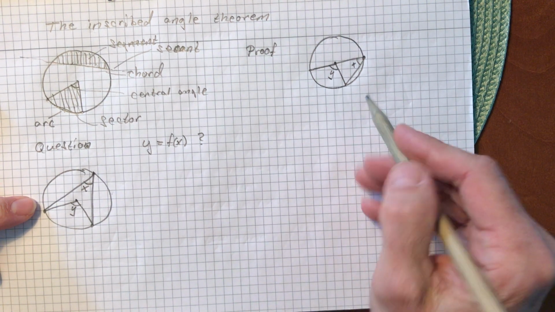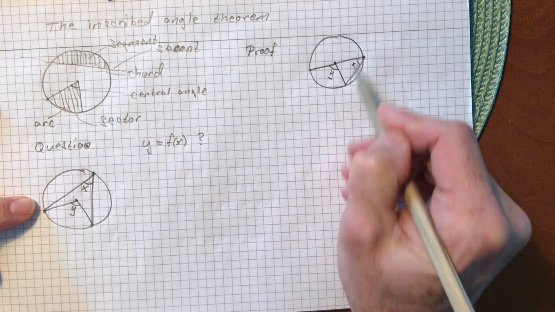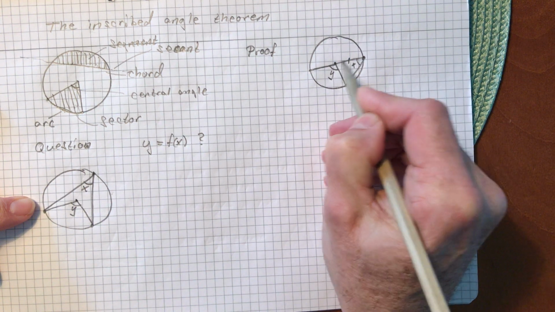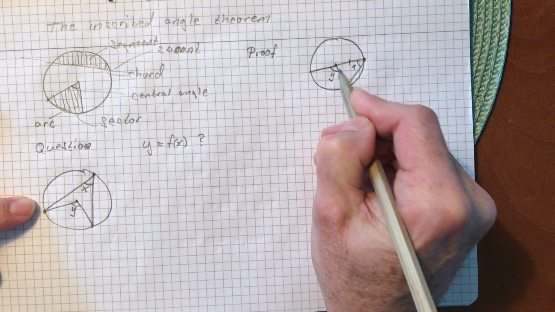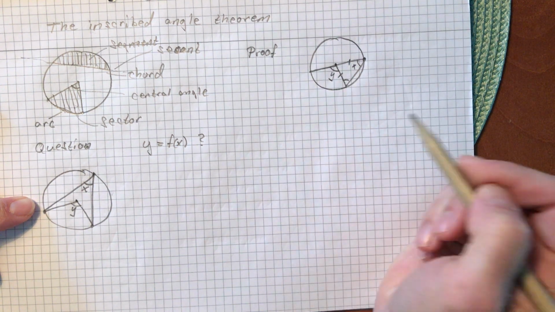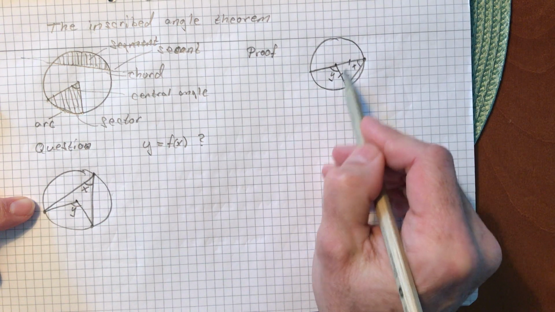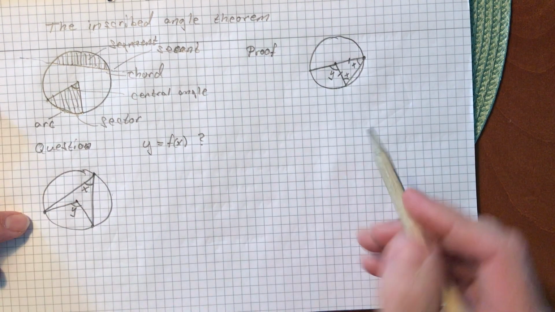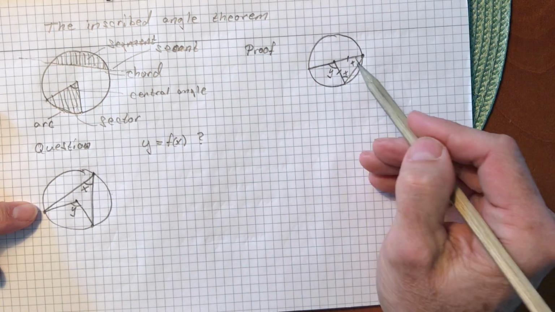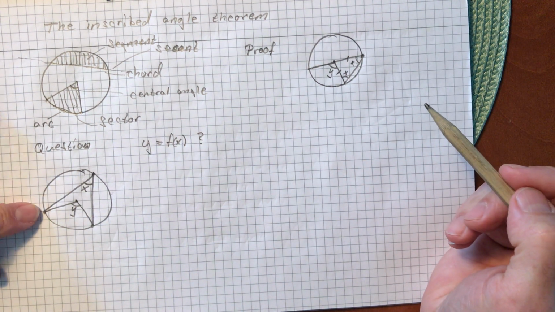Let's see. Now I have a small triangle here, and this length is the radius of the circle, and this length is also the radius of the circle. Therefore, I have an isosceles triangle, and this has to be x as well, because of the relationship between the angles in such a triangle: if two sides are equal, then the angles are equal.